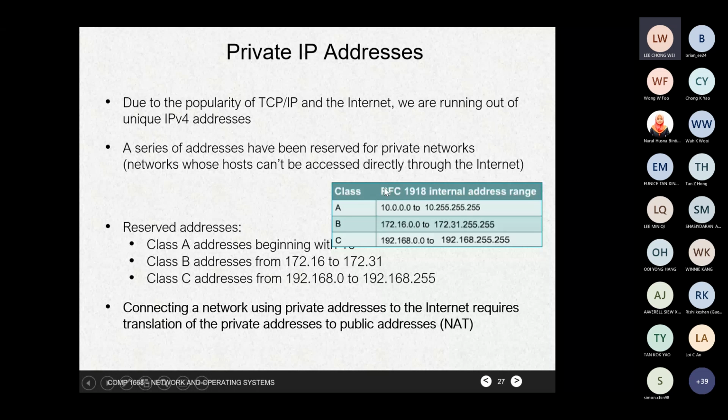I'm very sure all of you have seen this during your diploma or foundation. Nothing new, just a matter of different range. If you see the numbers start with 10 or 172 or 192, very short range, then they are private IP addresses A, B, C. Classes are the same, but the range of the IP address and the numbers they use differ.